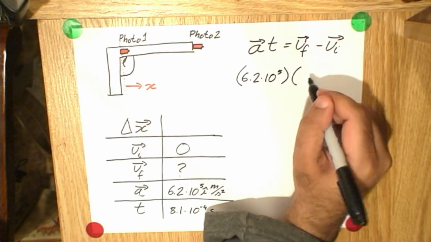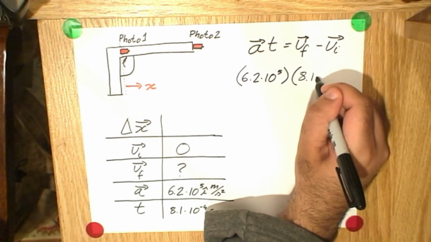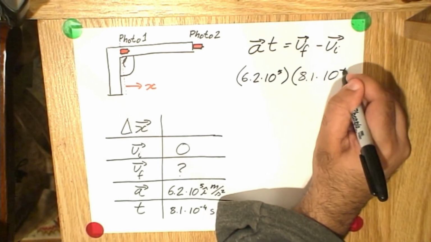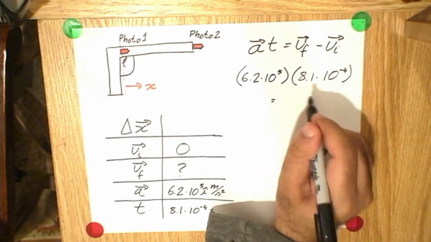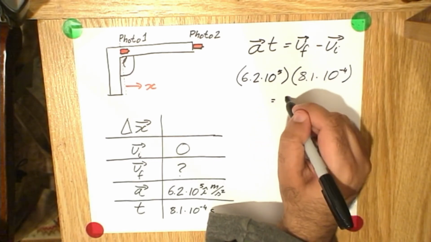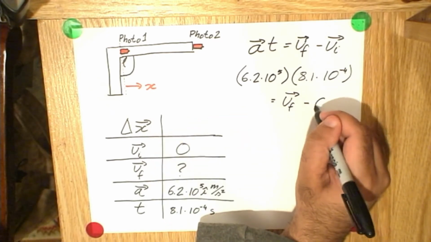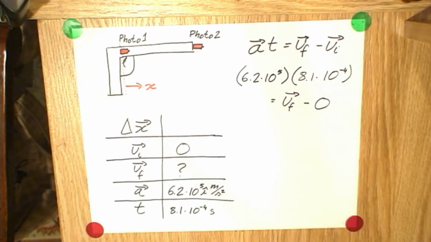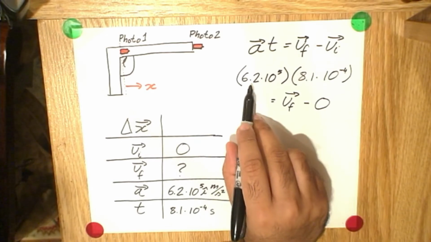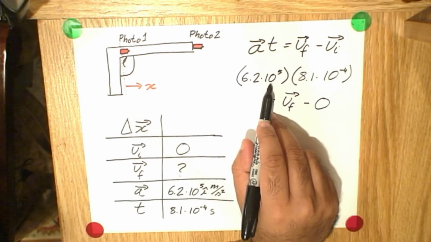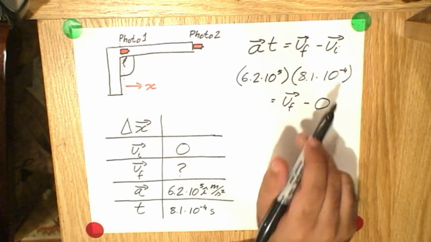The time is 8.1 times 10 to the power of negative 4, is equal to the v final, which we don't yet know, minus v initial, which is 0. So all we have to do is multiply 6.2 times 10 to the power of 5 by 8.1 times 10 to the minus 4.